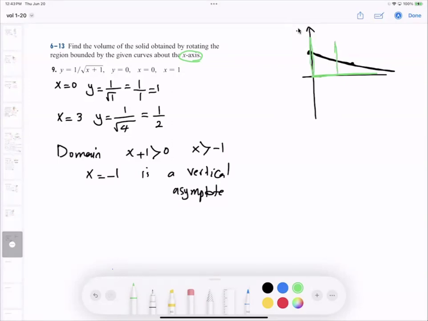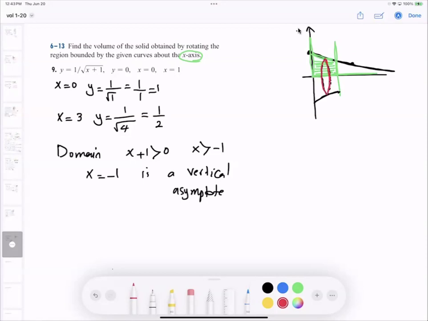Very good. X equals 1 is just right here. So we're looking at this region. You can forget about the rest of it. And we're rotating this about the x-axis. So this is the object of rotation, and this is basically your cross section.